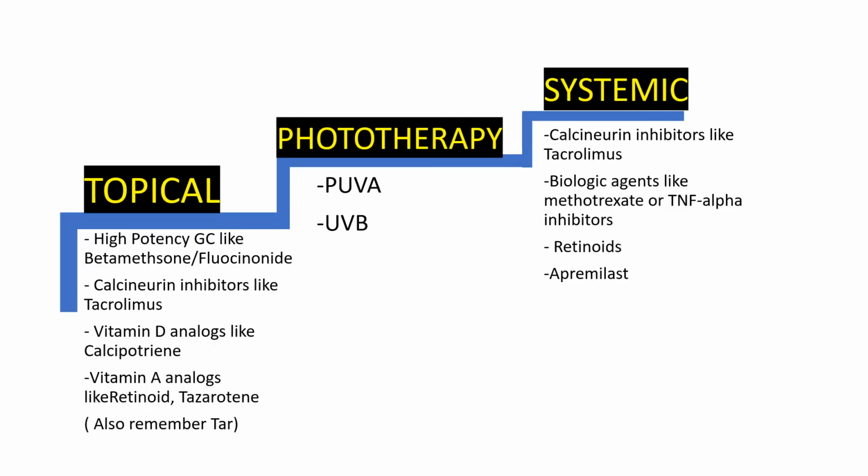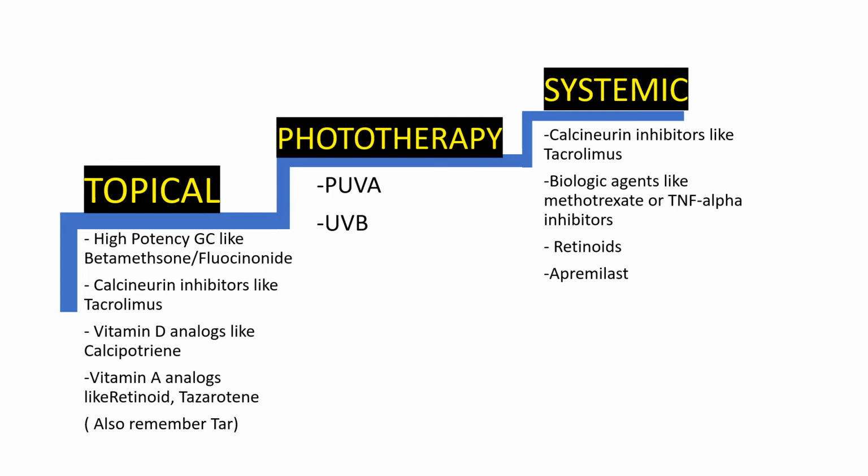The treatment of psoriasis is according to the involvement. If there is limited involvement, obviously we will give topical. If extensive, then phototherapy, and if very extensive, then systemic therapy.